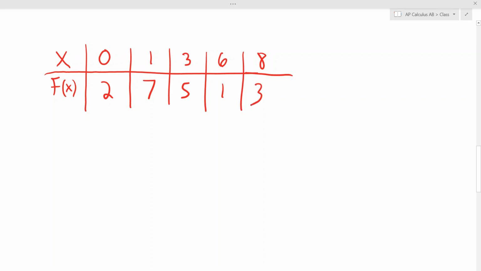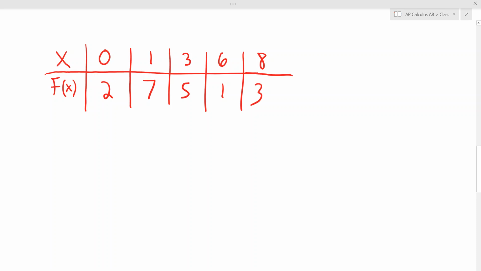Okay. So again, that's the same thing, kids, just so we're not confused, as an XY chart, having like 0, 2, 1, 7, 3, 5. They just always give it to you as a horizontal table. That's all. Cool.